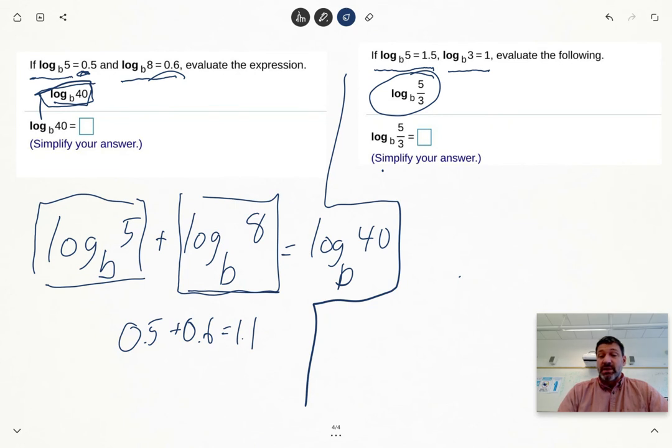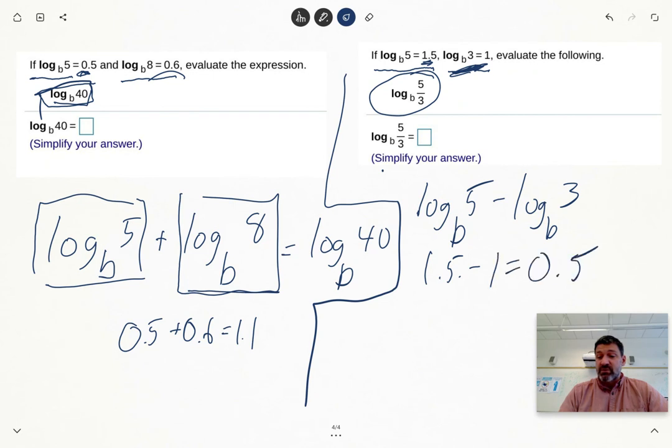So log base b of 5 over 3 is the same as log base b of 5 minus log base b of 3. And since we're given both of those values up top here, we can simply substitute the 1.5 for log base b of 5, minus the 1 for log base b of 3, so the solution would be 0.5.